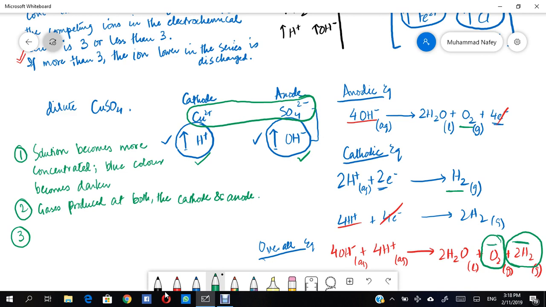So this is going to be a third observation: double the volume of gas. Now since we don't know the identity of the gases, we won't mention in the observations which gas is being produced at which electrode. So I'll use very general terminology. What I'm mentioning is double the volume of gas is produced at the cathode than at the anode.